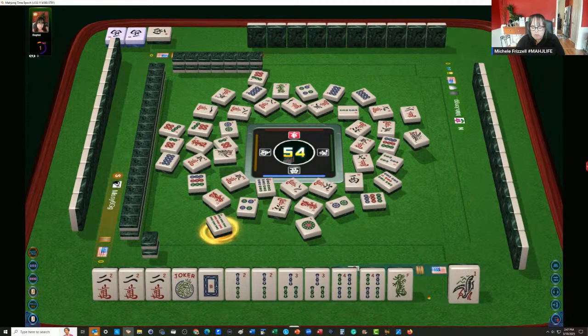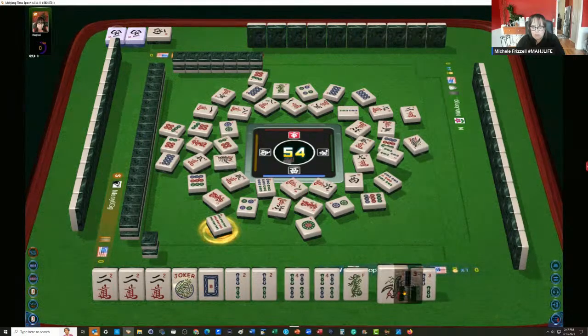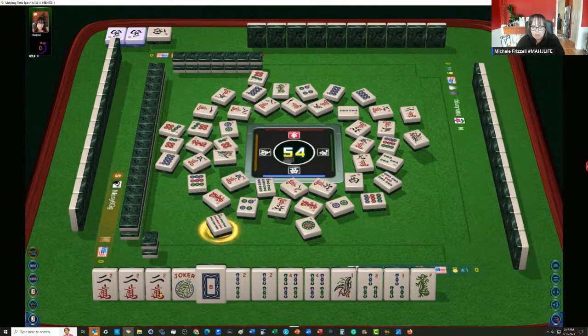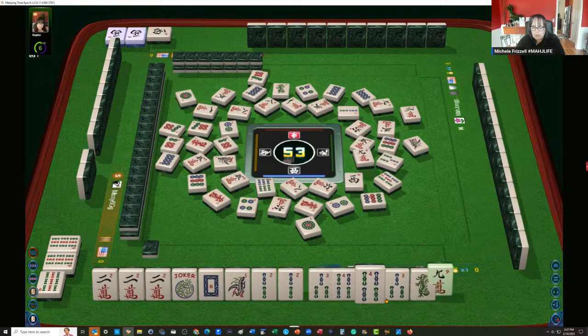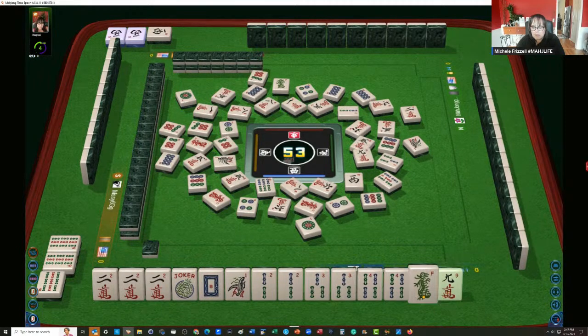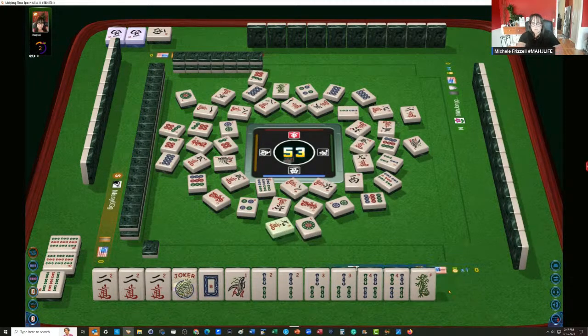Okay, so here's 2024. I think the 1 dot. Okay, let's let the 9 go. I think the 9 characters can go.